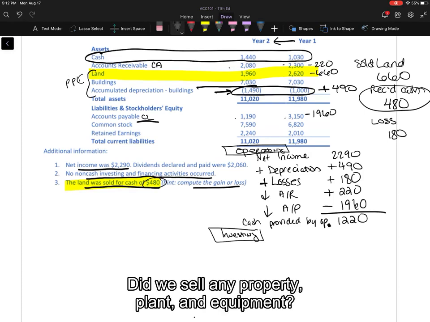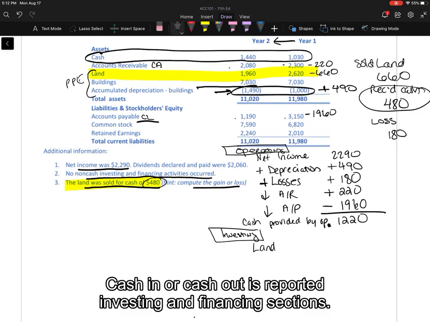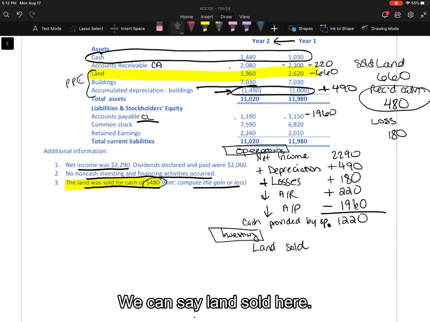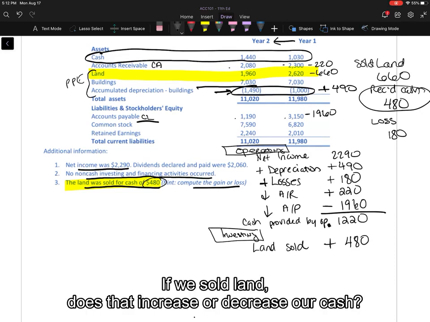So, did we sell any property, plant, and equipment? Well, remember right here, the land was sold for cash. So cash in or cash out is reported in investing and financing sections. So we can say land sold here. If we sold land, does that increase or decrease our cash?